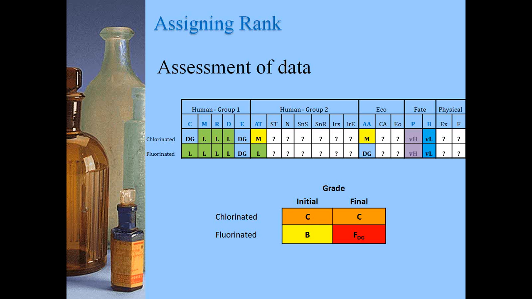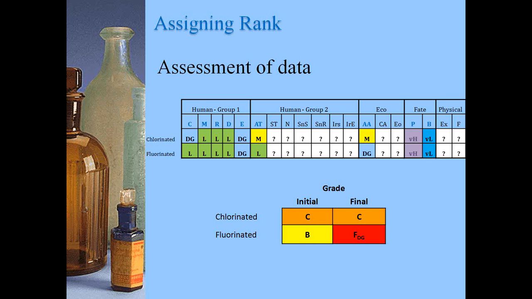We could not find any information on ecological toxicity. So there have been no evaluations made about the impact of that chemical on the environment, on anything that's non-human. So what we do in QCAT is assign it an F and then give it a subset DG to make it very clear that it is an F solely because it's missing very important data, where if we were able to fill that in, it might be a B chemical.